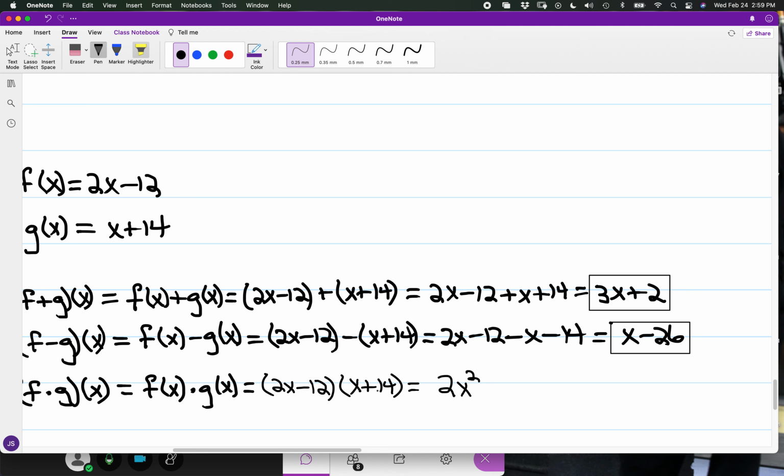So 2x times 14 becomes 28x. Inside product we have negative 12x, 28x minus 12x. This becomes 16x. And for the last product, negative 12 times 14 is going to be minus 168.